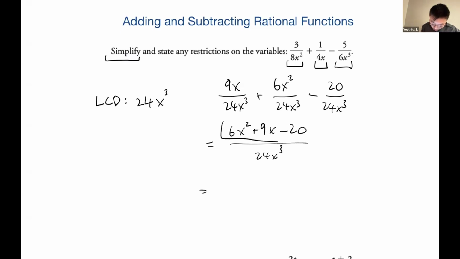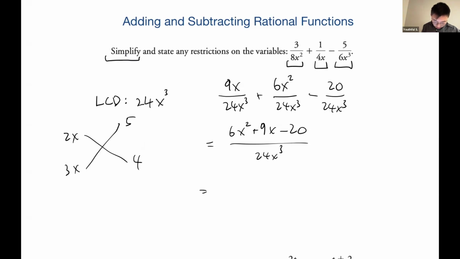I feel like we can also factor this. So the crisscross method, that might not actually work, but we'll try it anyway. So 2x and 3x, 20 is 10 and 2. That doesn't work. It's too large. You try 5 and 4. It's also too large. Nope, too large.